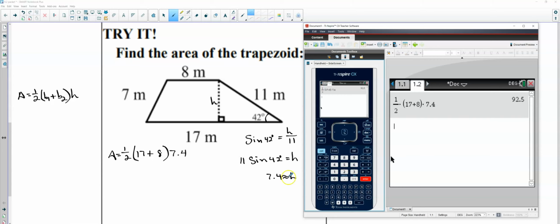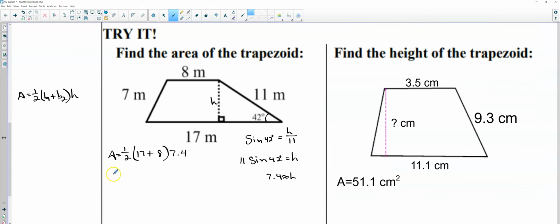Enter. That's 92.5. So the area of this trapezoid is approximately 92 and 5/10 square meters. Here is your answer. All right, pretty simple.